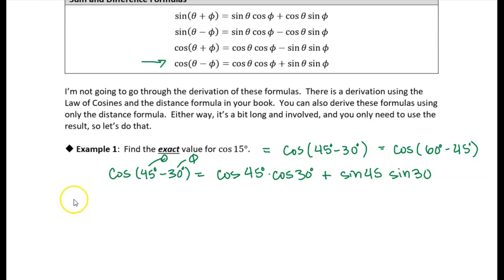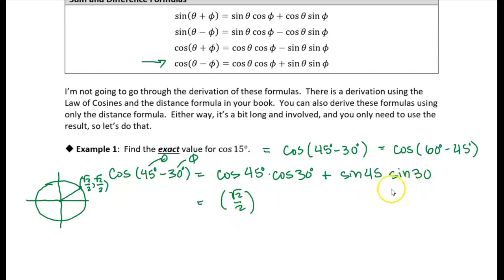Now I just need to use my unit circle and figure out what those cosine and sine values are for 45 and 30 degrees. If I look at my unit circle, 45 degrees is right over here. We know that the cosine and sine are square root 2 over 2, comma, square root 2 over 2. Those are the coordinates of that point. So let's substitute that in. Here we're going to get the square root of 2 over 2, and over here, the square root of 2 over 2 for 45 degrees.